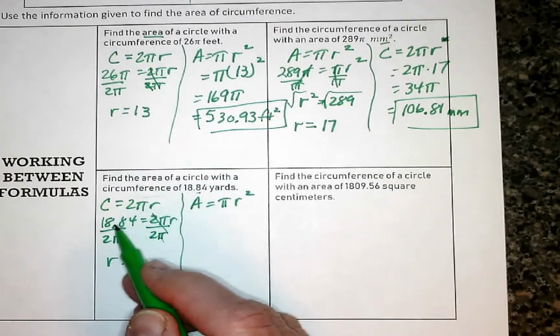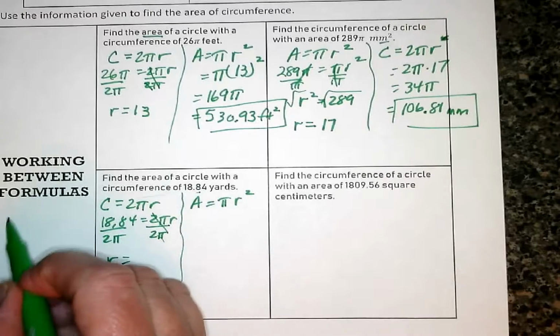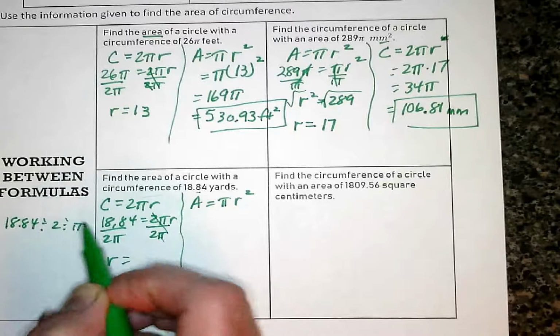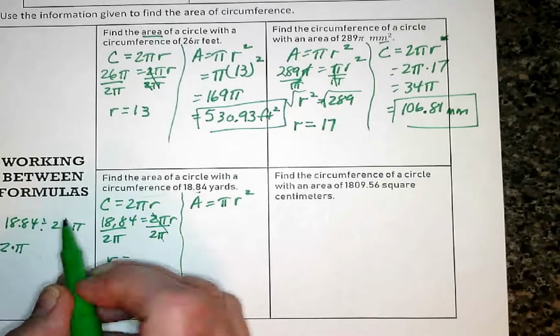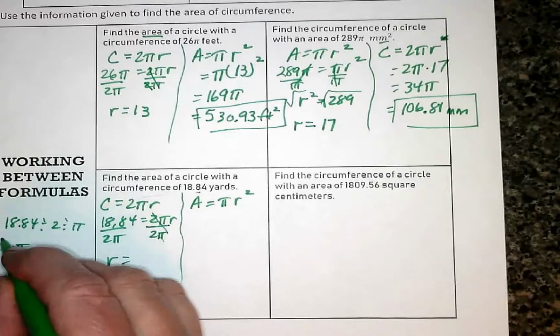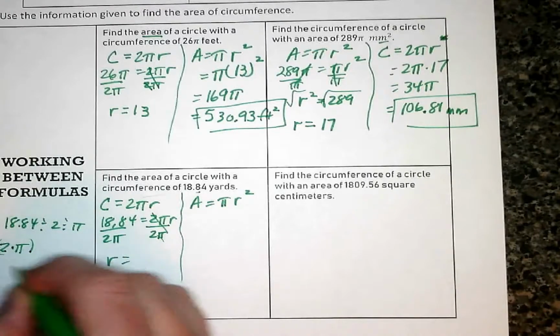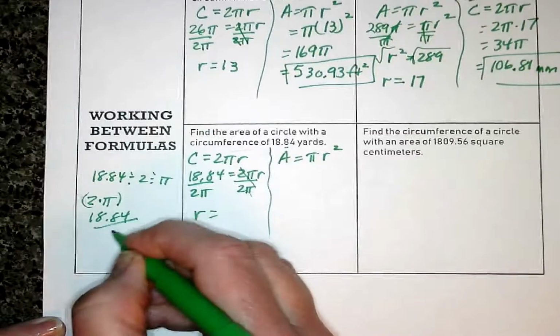So when I take this 18.84 divided by 2 pi, there's 2 ways you can do it. In your calculator, you can go 18.84 divide 2 divide pi, or you can take 2 times pi, and then whatever that answer is, take 18.84 divided by that.